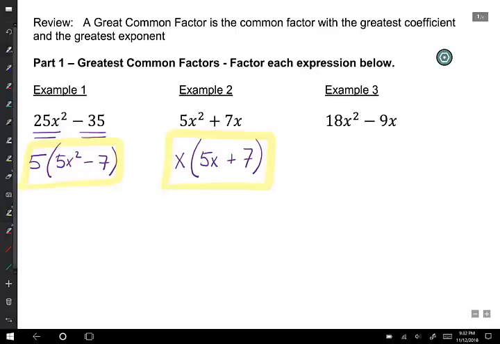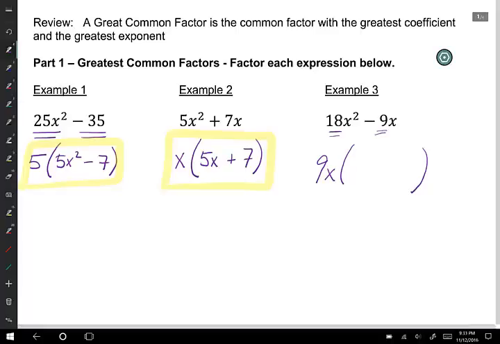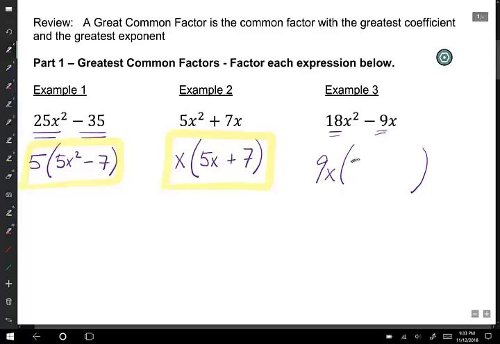On example 3, between 18 and 9, I hope you can realize that you can take a 9 out of both of those. And then between x squared and x, they both have an x in common. So on this problem, we have a situation where we not only have a number, but we also have a variable. 9 times 2 is 18, and x times x is x squared. 9x times what is negative 9x?